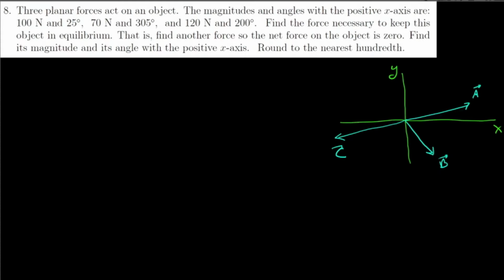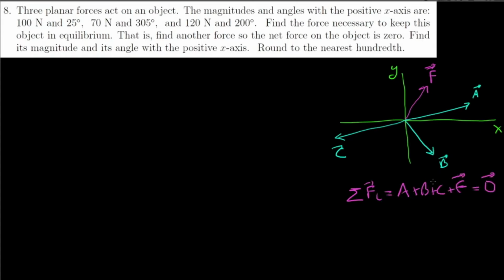Okay, so what we're looking for is a fourth force, and again, we have no idea where this force would be here. Maybe something like this, so I'll call this F. We're looking for a fourth force such that they would essentially cancel all the other forces. So to keep all these forces in equilibrium, when you add up the individual forces, you get A plus B plus C plus F. And if it's in equilibrium, that has to be 0.